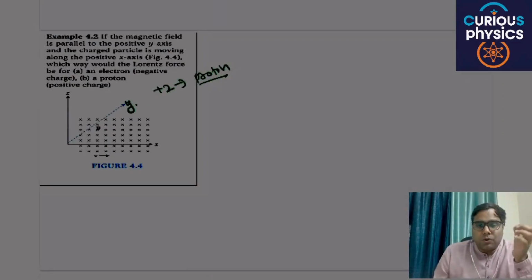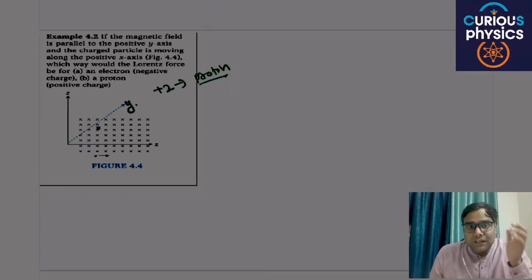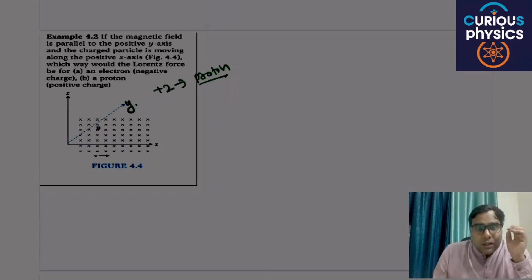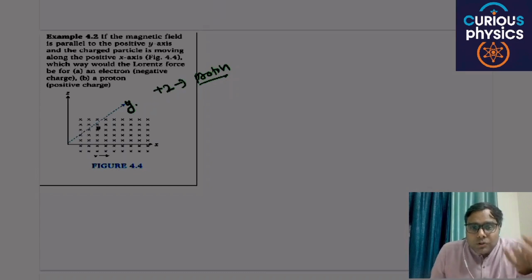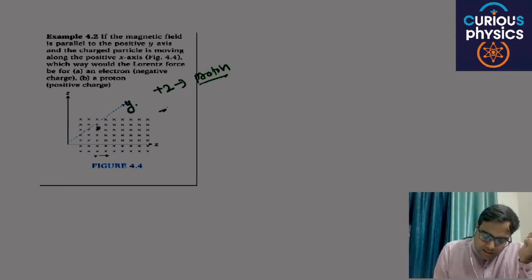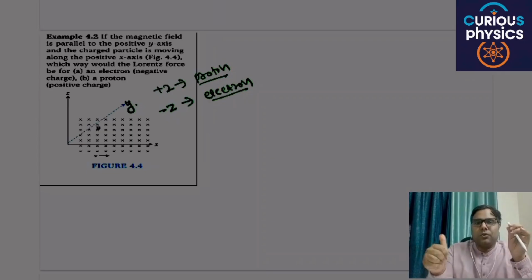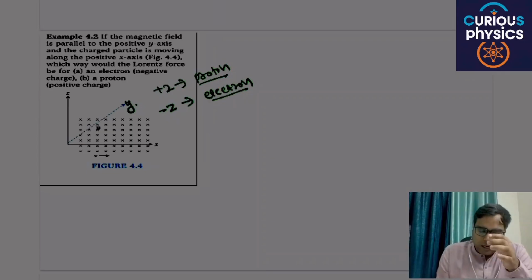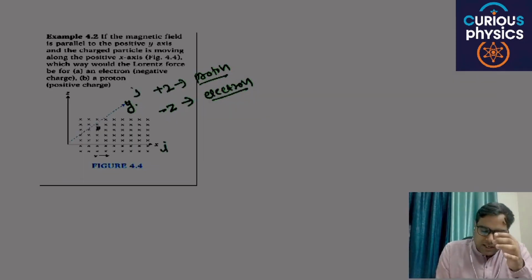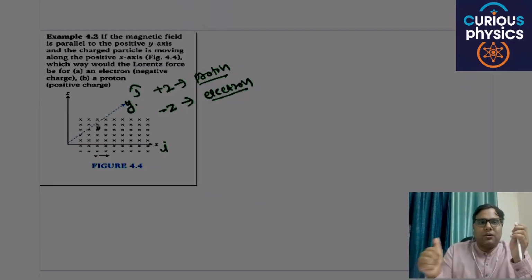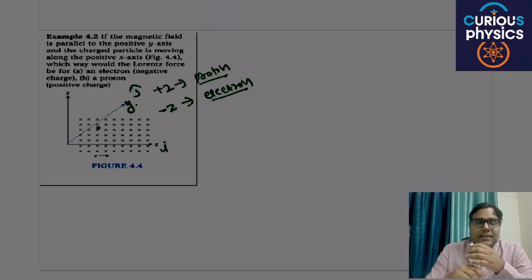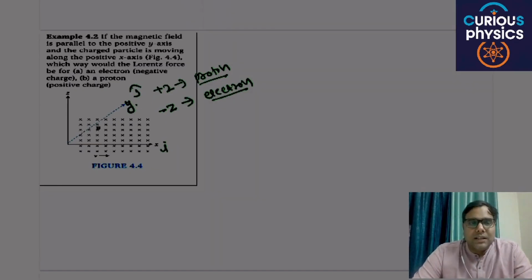The charge on proton and electron is the same in magnitude, but the electron has a negative charge, so for the electron the direction will be opposite, so minus Z. The simple question: V is toward I cap, B is J cap, then I cross J is K cap, or you can say in Z direction.